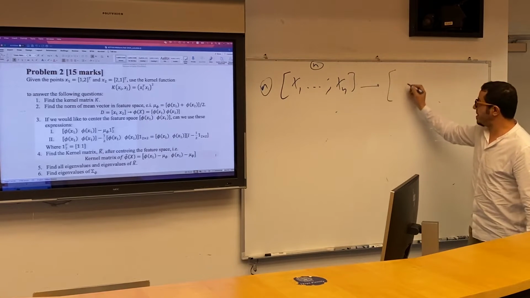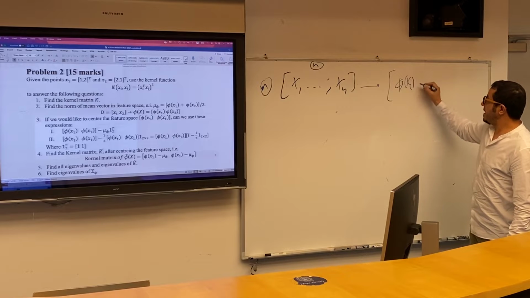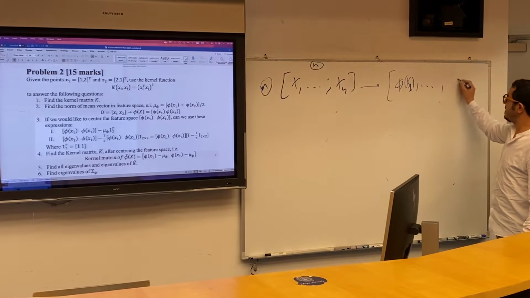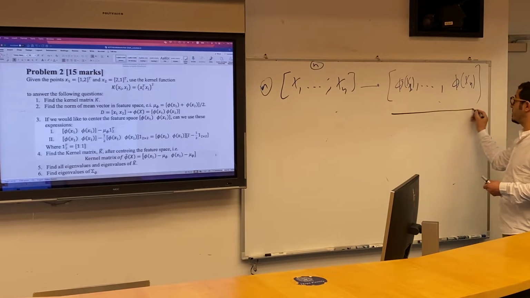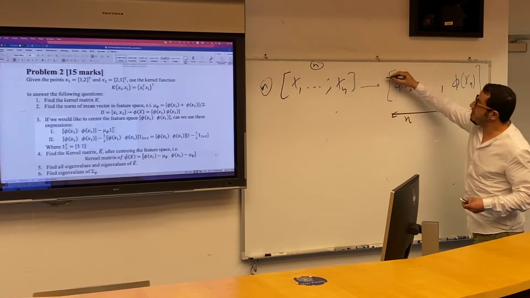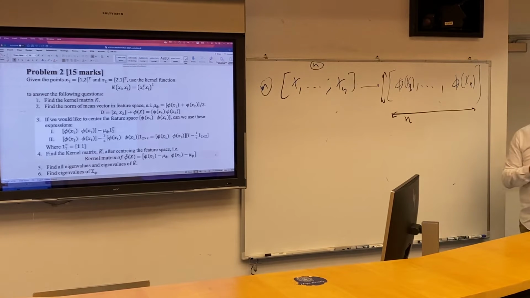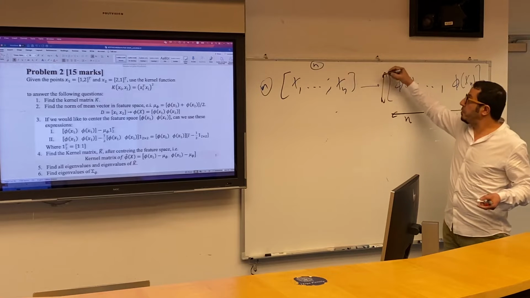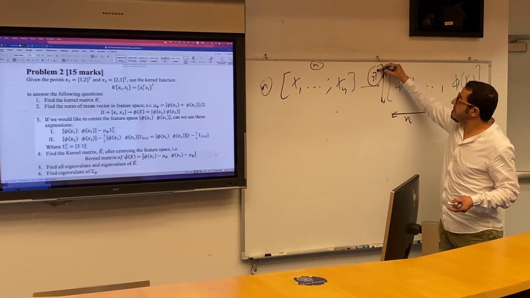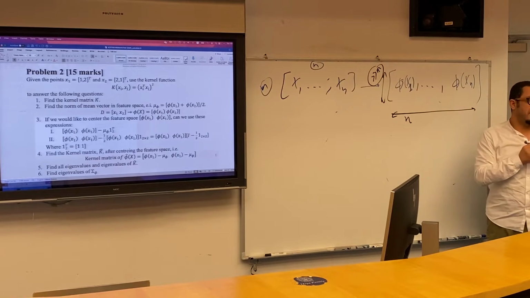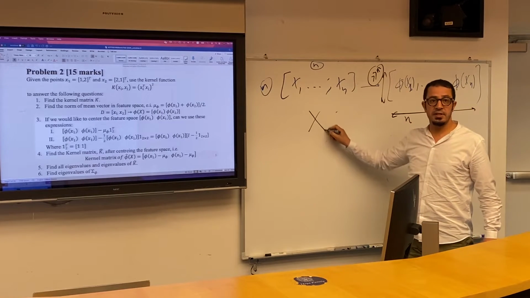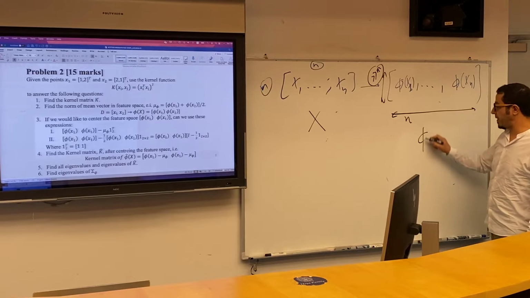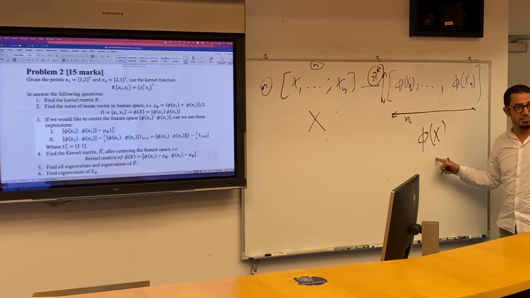We go to the feature space, which we call phi of x1 until phi of xn. Clear? What is the size here? The number of columns is n. What is the number of rows? Something we don't know, but usually bigger than m, in general. We call this one capital X, and this one capital Phi of X. So this is a matrix.